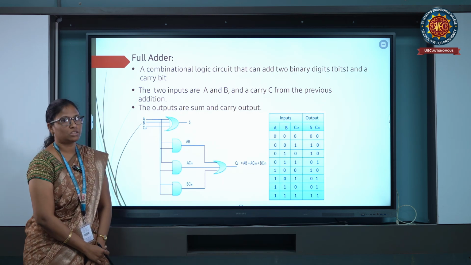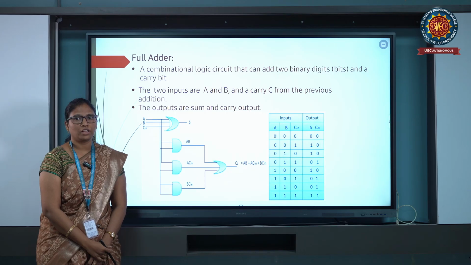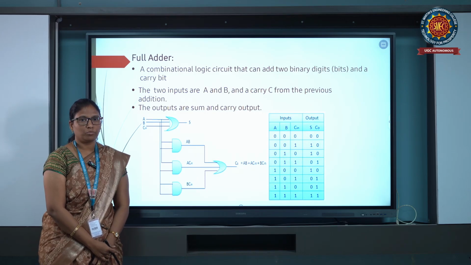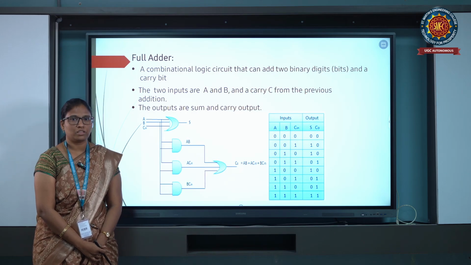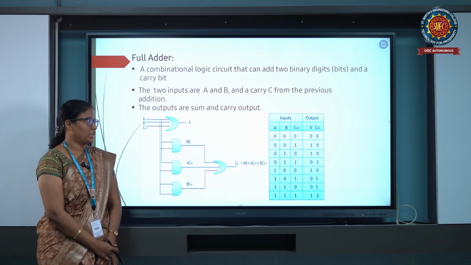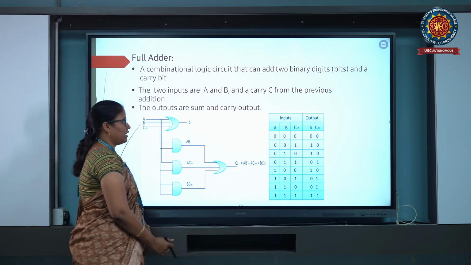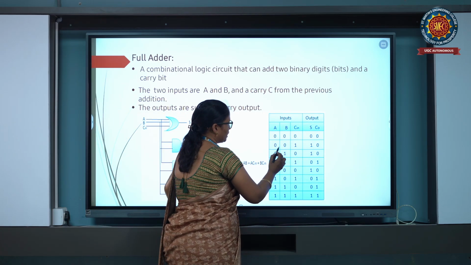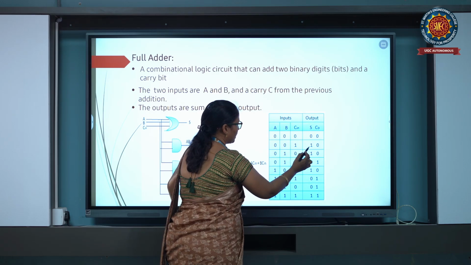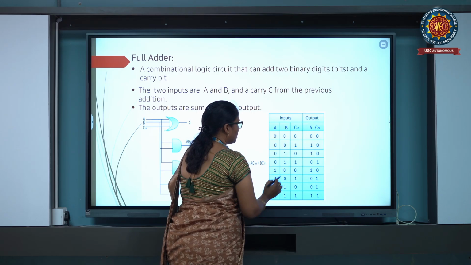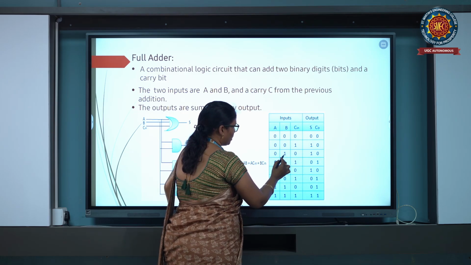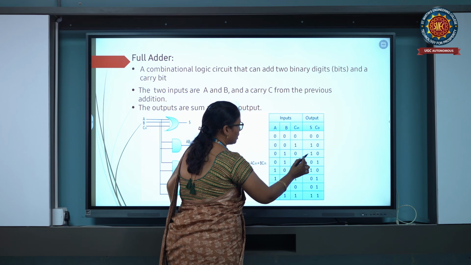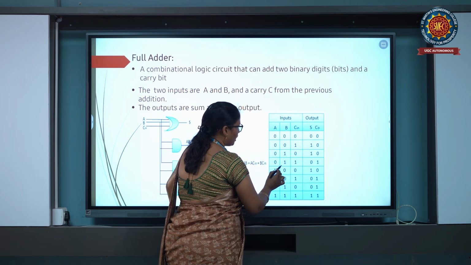Full adder circuits are designed for addition of 3 bits. The two inputs are A and B, and the next input is the carry bit from the previous one. The outputs are sum and carry. When it is 0, 0, 1, the sum is 1 and carry is 0. When it is 0, 1, 0, addition of 0 plus 1 gives 1, the sum is 1. Carry is generated when we have an even number of ones.